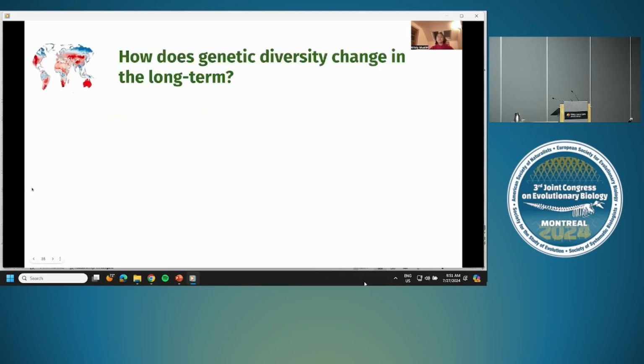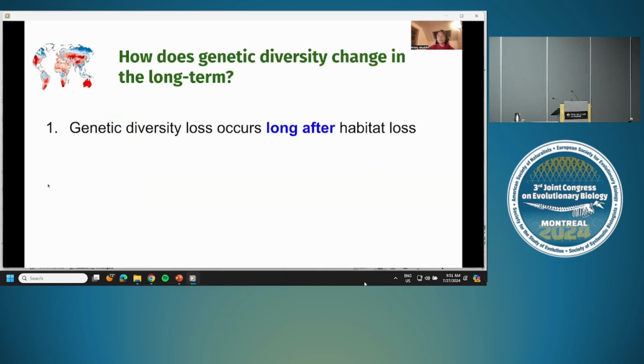While genetic diversity trajectories are likely going to change across taxa, one resounding conclusion from our work is that even if current conservation practices succeed in stopping habitat destruction, most organisms will continue losing dramatic amounts of genetic diversity long in the future.